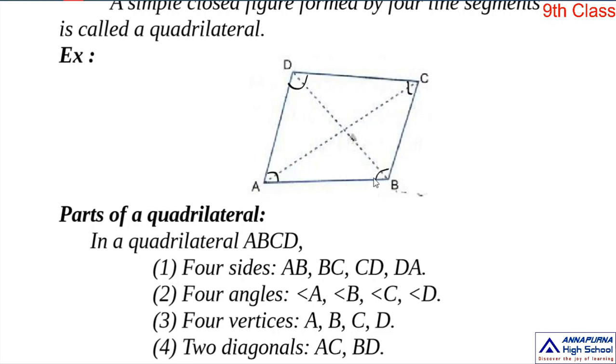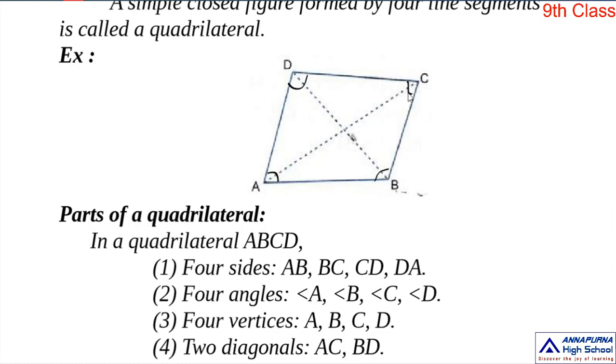Angle A and angle B have a common side AB. So angle A and angle B are adjacent angles. This is one pair.